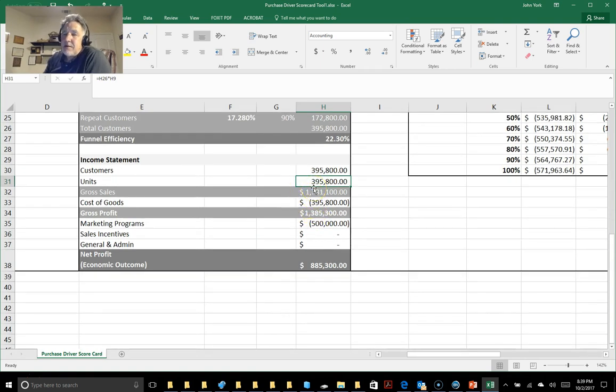And based on the discounting and the price per unit, price per unit times the discount will give you then your net price. So if we look at our net price, which in this case is going to be $4.50 because we had a 10% discount, then we can calculate our gross sales or revenues.